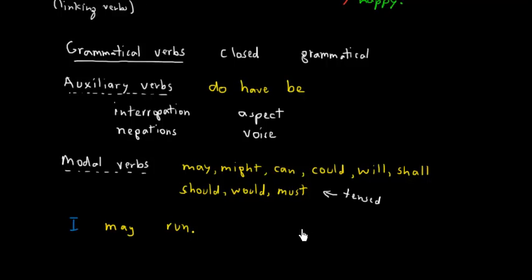So if you say, will you be going there? Okay, so will is the first word in the verb phrase. Be going. Be is the auxiliary. Going is the lexical. So you can say, will you be going there?